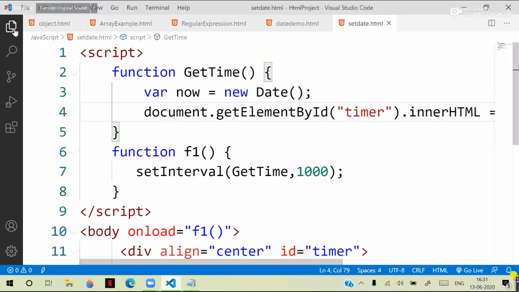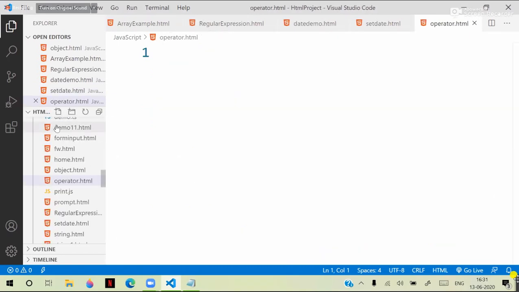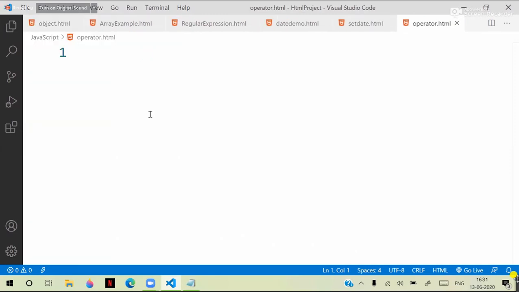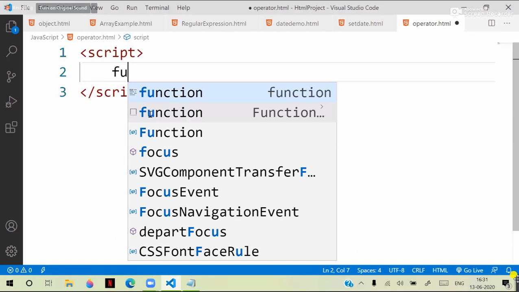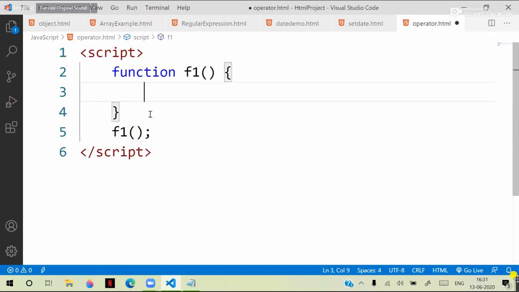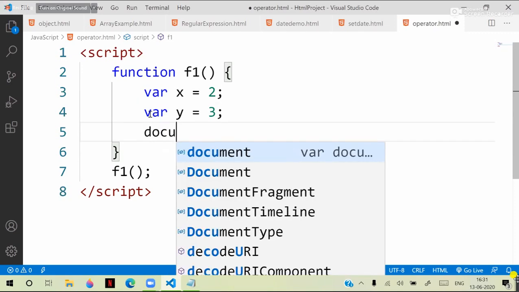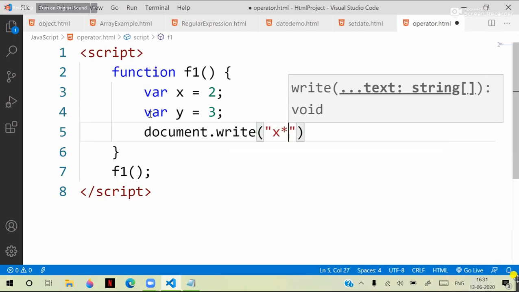For example, how do we deal with the operator? Suppose, in an .html file, we have a script and function f1, and here we are configuring a simple example where x is equal to 2 and y is equal to 3, and here document.write, x double asterisk y.